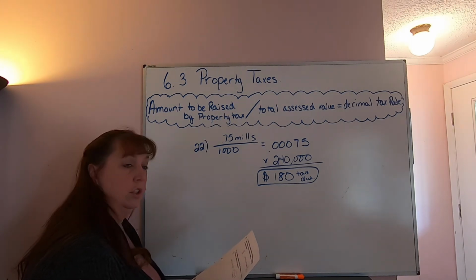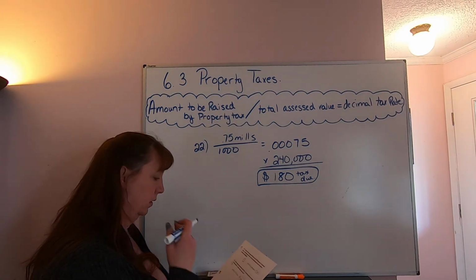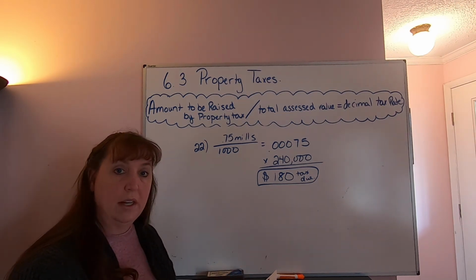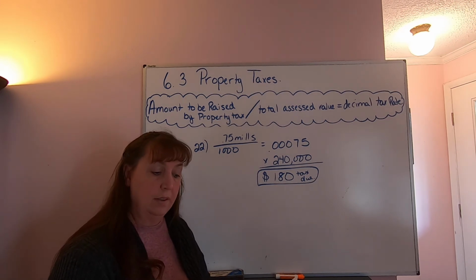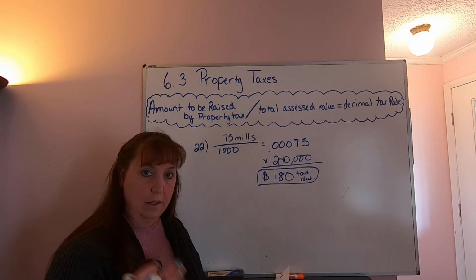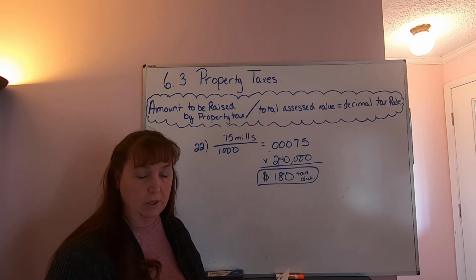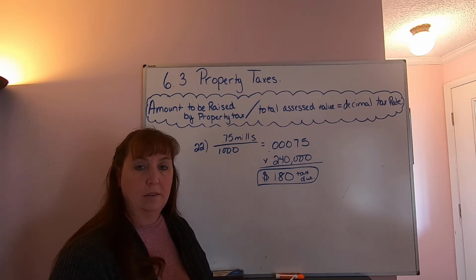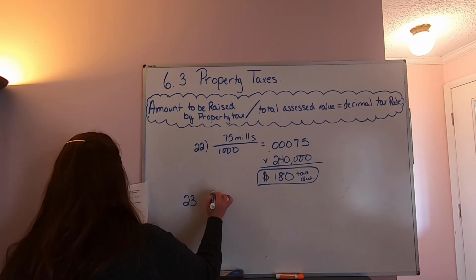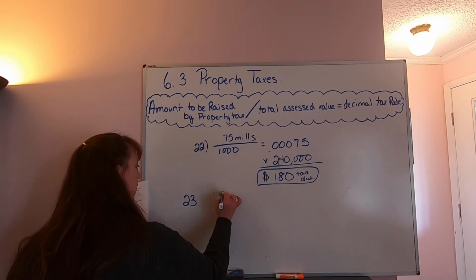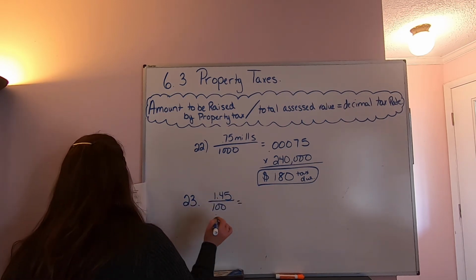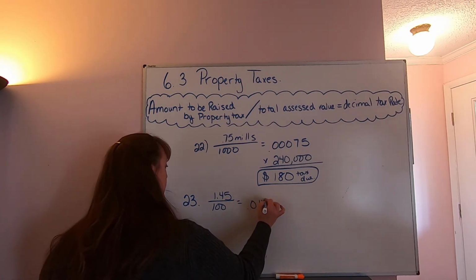All right, question 23, last one in this section. Carlos' property is assessed at $92,700. The school tax rate in his district is 1.45 cents per dollar. Again, whenever you see cents, we're going to divide it by 100. What is Carlos' school tax? So for 23, we're going to take the 1.45 cents on the dollar divided by 100, which gives us a tax rate of 0.0145.